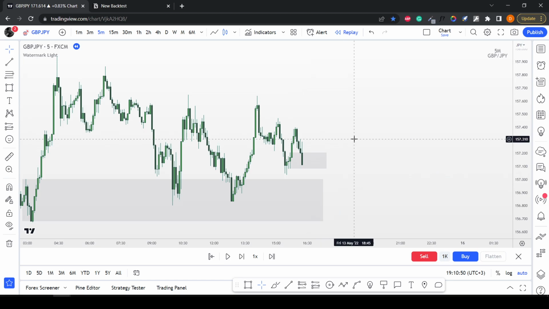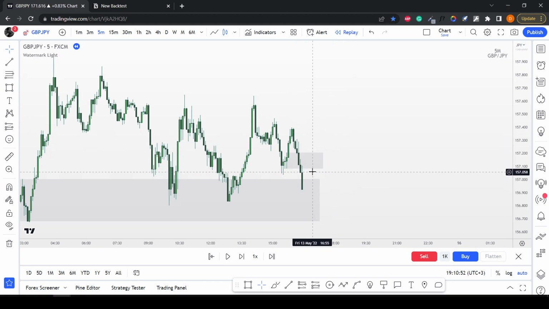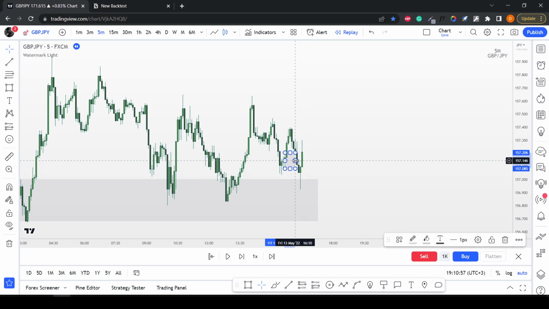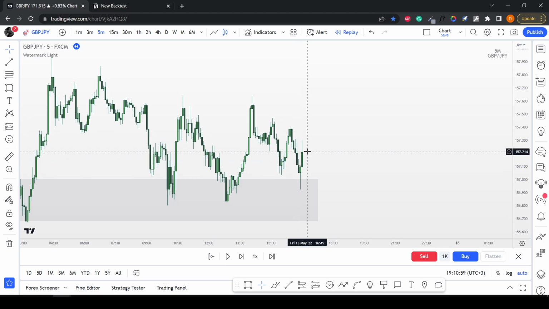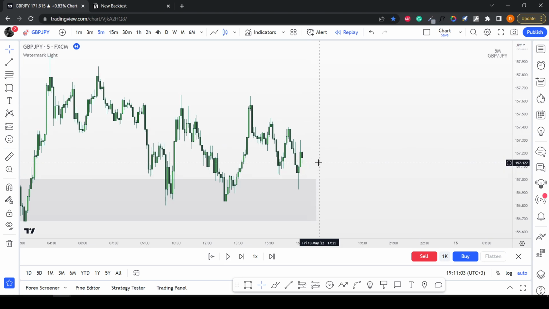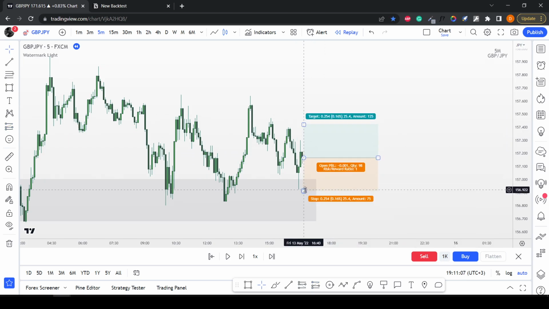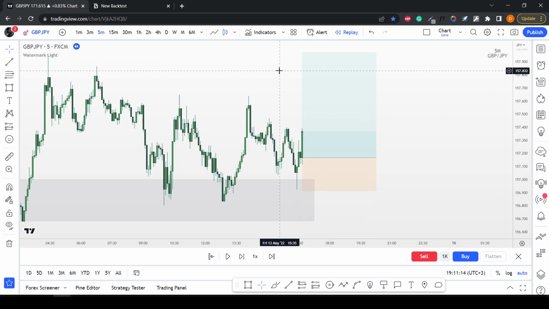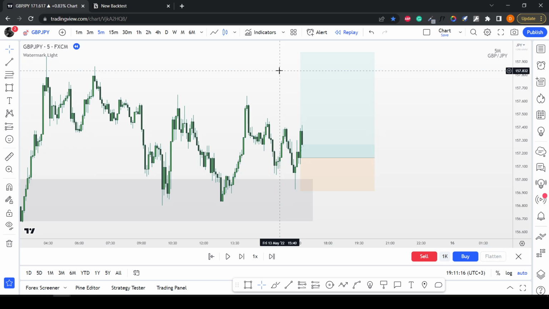Tapping here, but just doing it too aggressively, breaking it and moving up. Okay, I'm fine with taking one trade if we tap deeper, something like this. Yeah, I'm fine with taking it just from here, and will protect myself here. Yeah. A break even for me here.